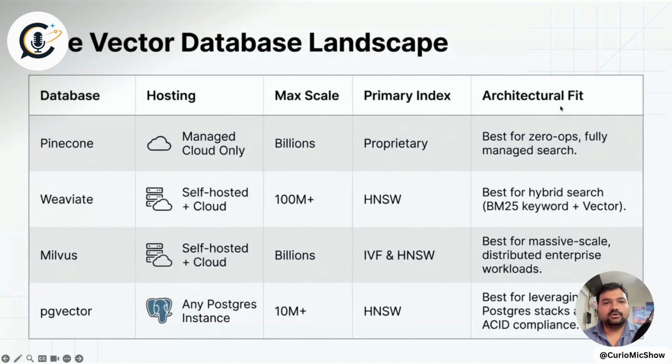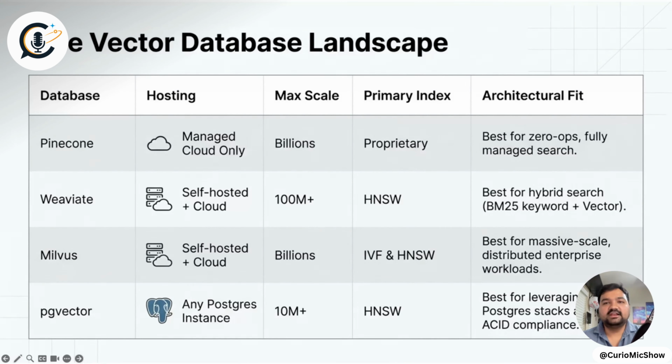So we have one more, which is the vector database landscape. Now let's compare the landscape. Pinecone is a managed cloud option. It is strong when you want zero operations or fully managed vector search. Weaviate is useful when you want hybrid search, combining BM25 keyword search with vector search.